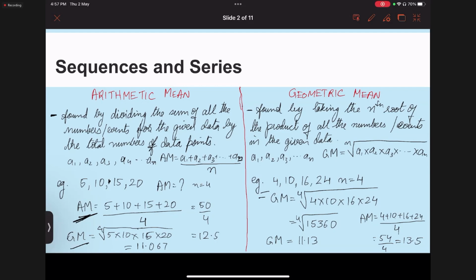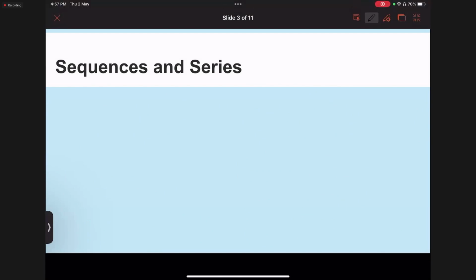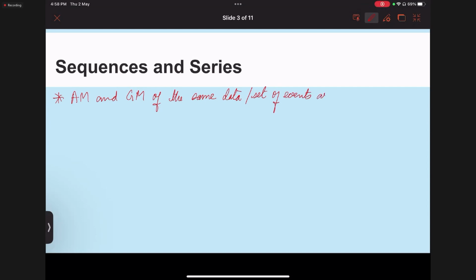As an important point, we can write that the AM and GM of the same data or set of events are not equal to each other in value.